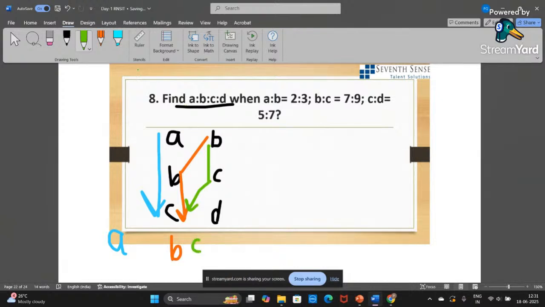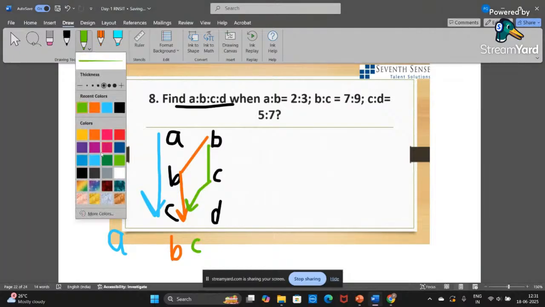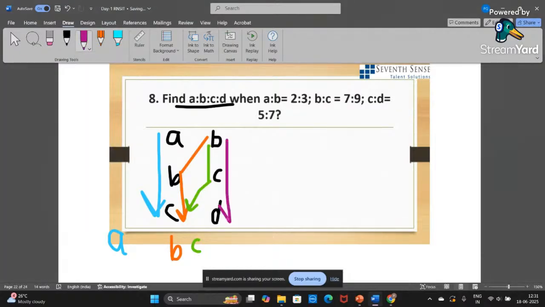Then to find D, downwards. We'll get the D value. Got it? These are the steps you need to follow.